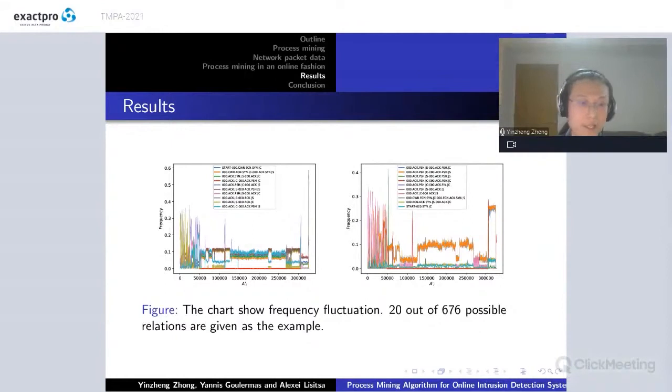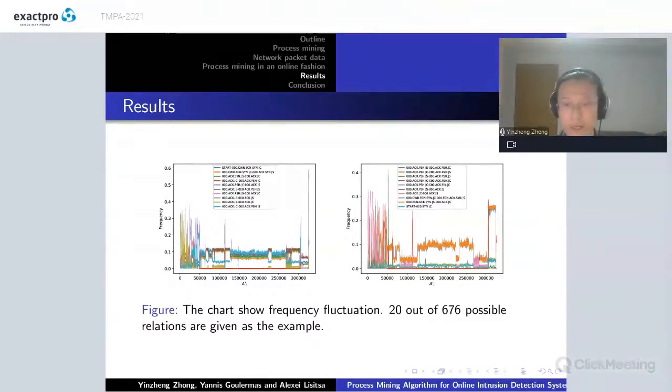What we can see is the attack on the left side starts around the 50,000 packet mark. Once there's an attack happening, the fluctuation of the output of our algorithm starts to stabilize, and that definitely says that we have observed something. On the right-hand side, it's very similar.